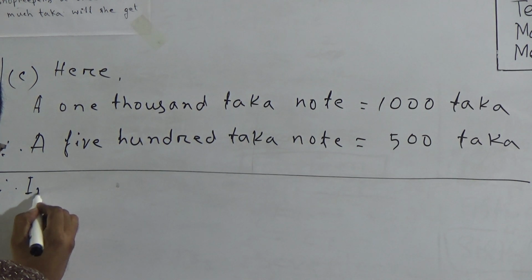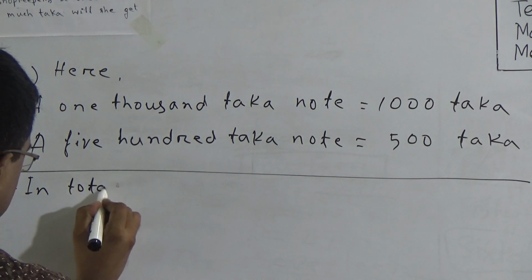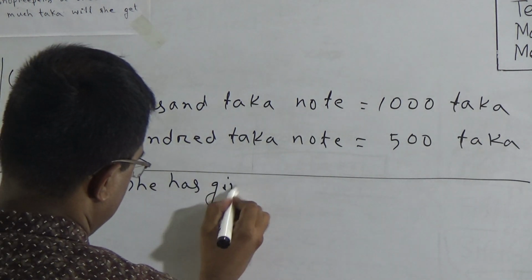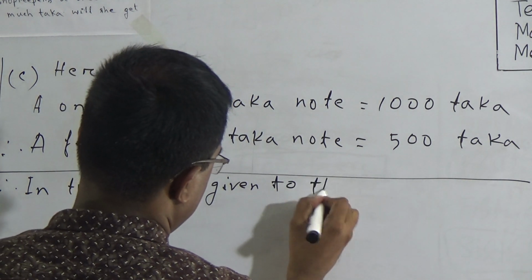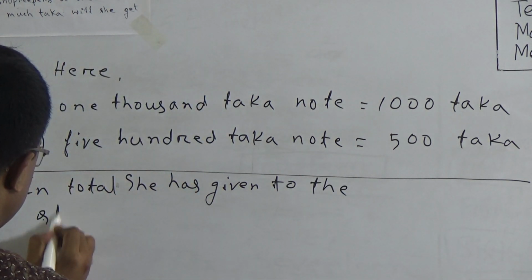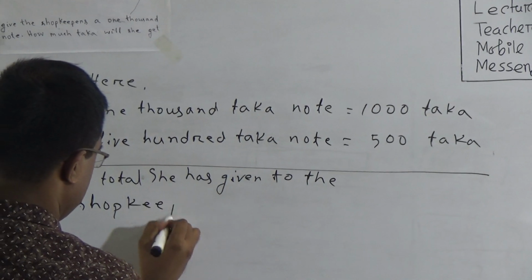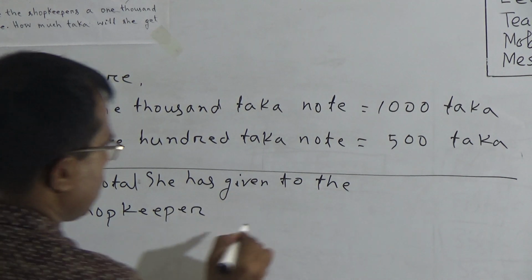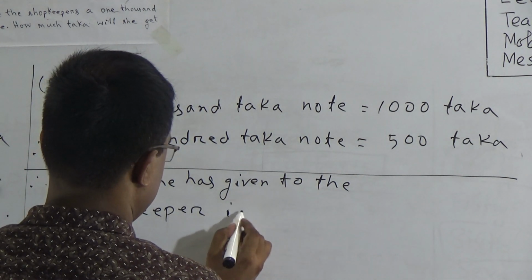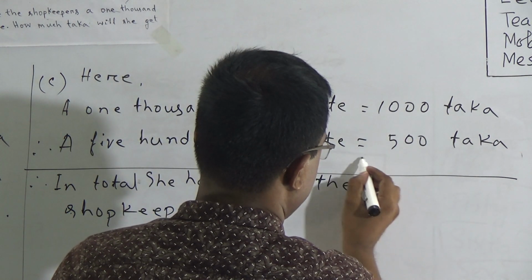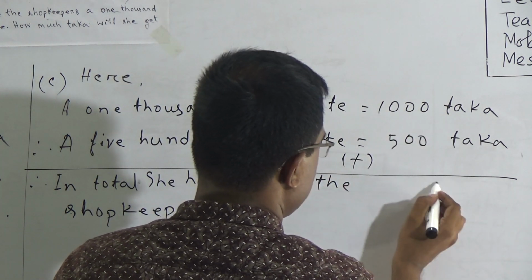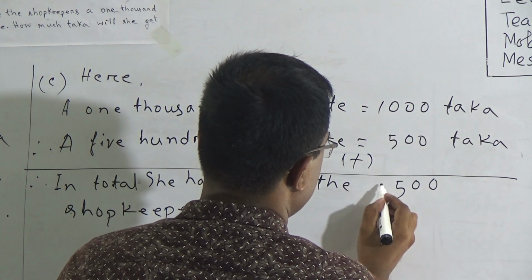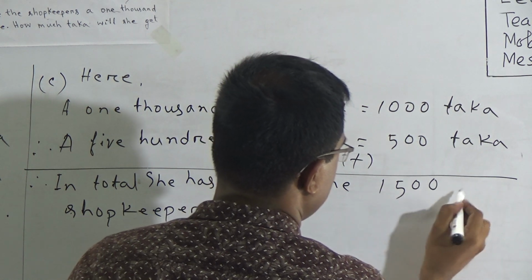In total, she has given to the shopkeeper, we have to add these two figures: 0 plus 0 equal to 0, again 0 plus 0 equal to 0, 0 plus 5 equal to 5, now 1 plus 0 equal to 1.